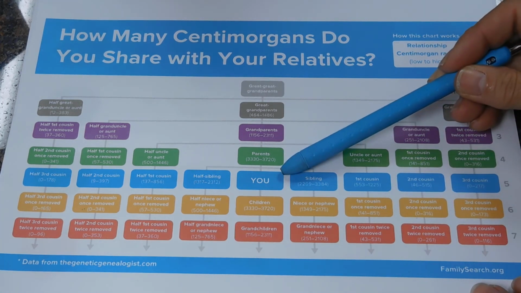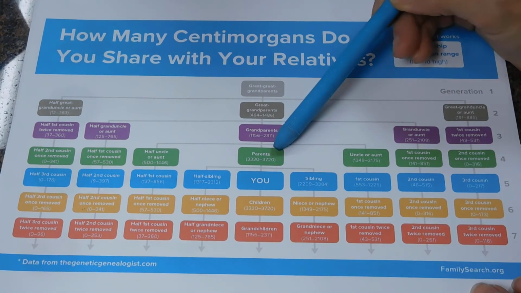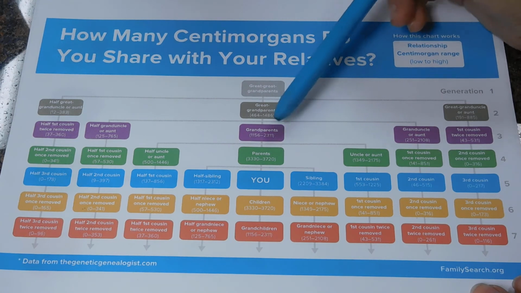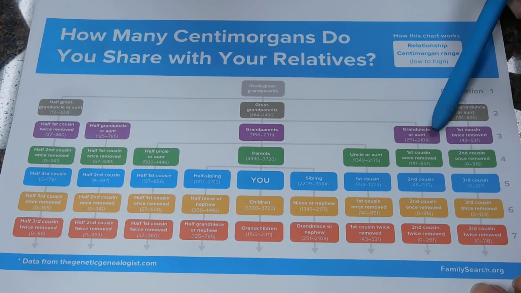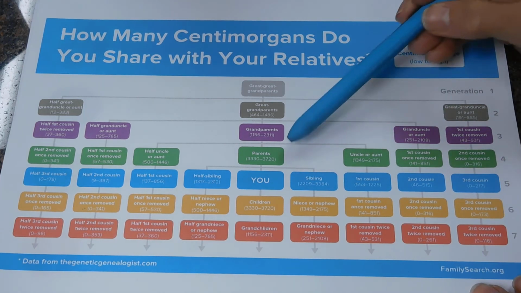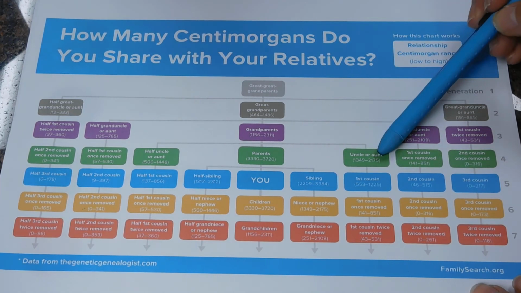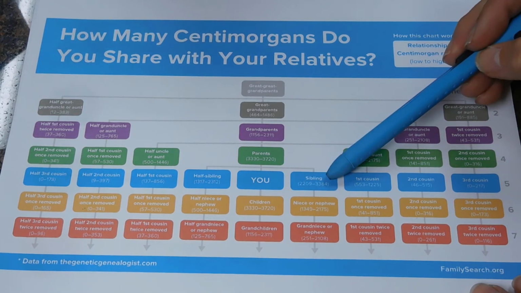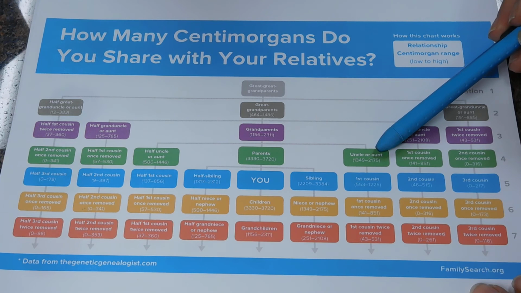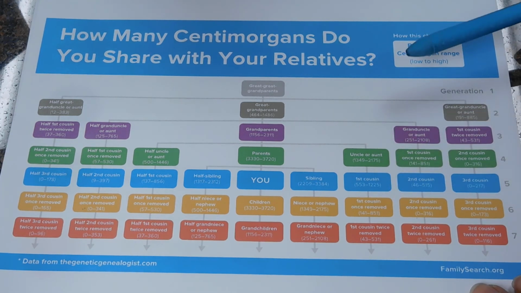So you are right here, your parents and your grandparents, and from your grandparents, if you go over, you've got your grand uncles or grand aunts. From your parents, it has your uncle or aunt. And for you, it has your siblings, and then your uncle or aunt's child is your first cousin.